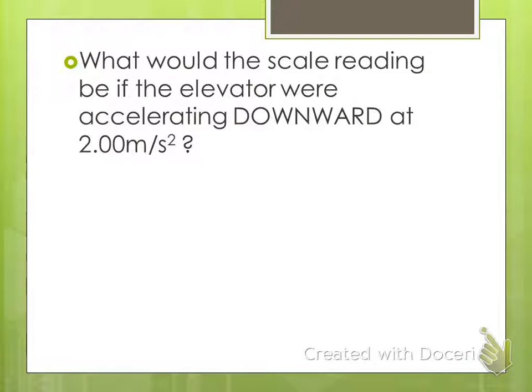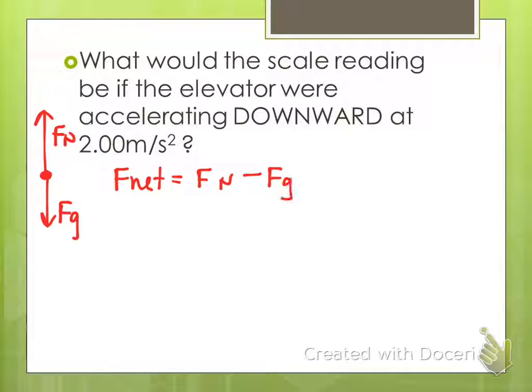Same situation. What would this reading be if the elevator were accelerating downward at 2 meters per second squared this time? Okay, it should be less than our equilibrium weight. So let's solve what that would look like. Does our free body diagram look the same? Yes, it does. That's right. So where we set up our net force equation, normal minus gravitational. Here we know this is mass times acceleration, and this is mass times gravity.